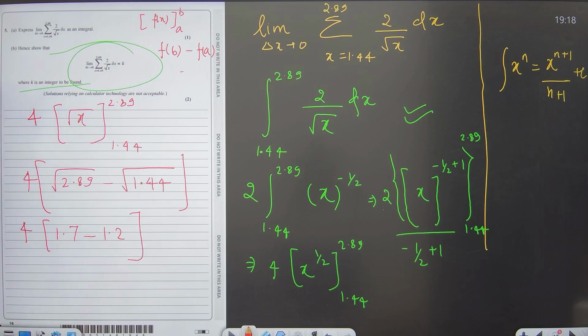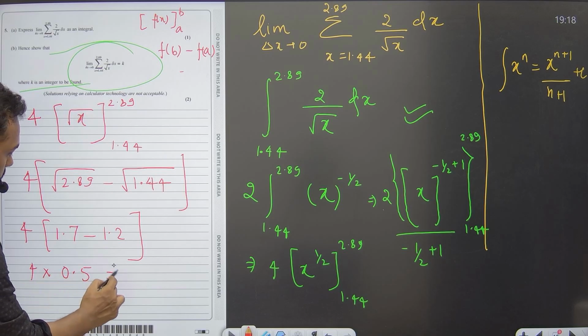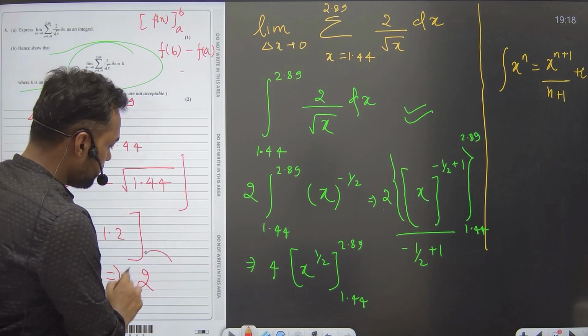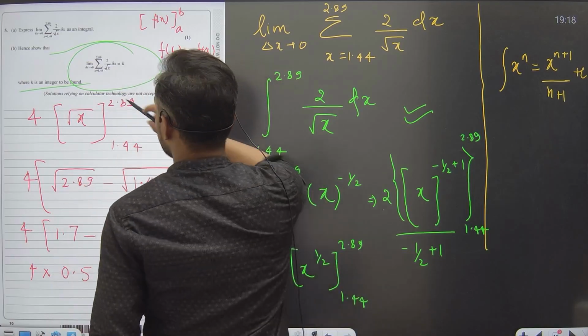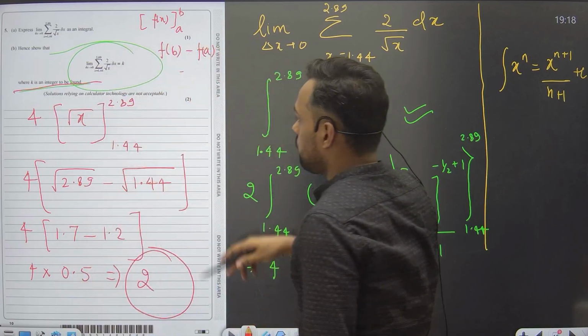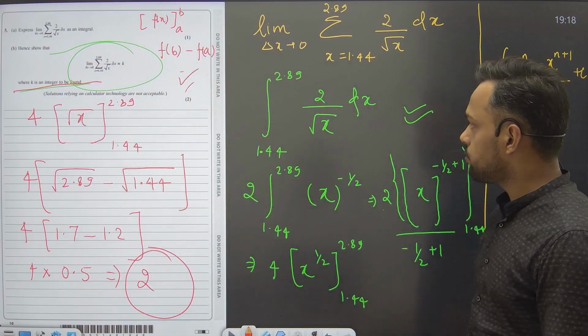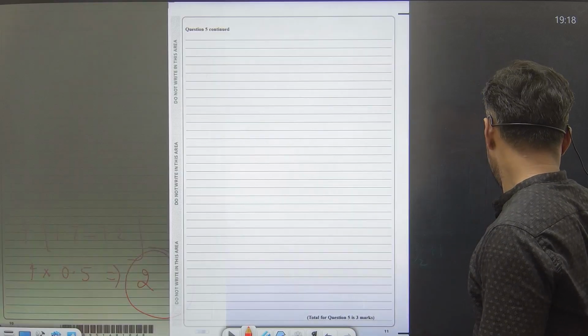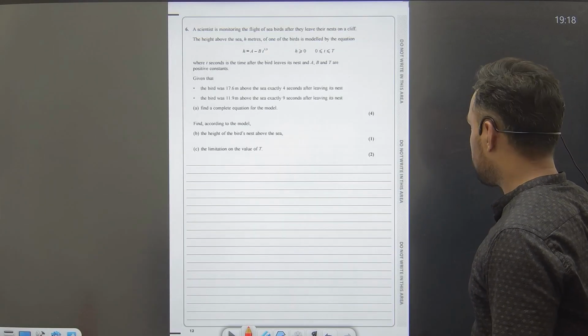So you'll get 4 times 0.5, that will be equal to 2. So this is our solution, students. Where k is an integer to be found, 2 is the solution. Now let's move to the next question.